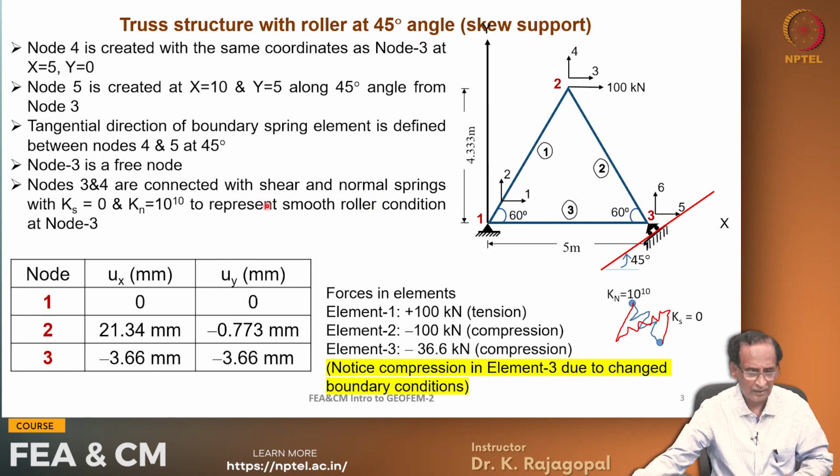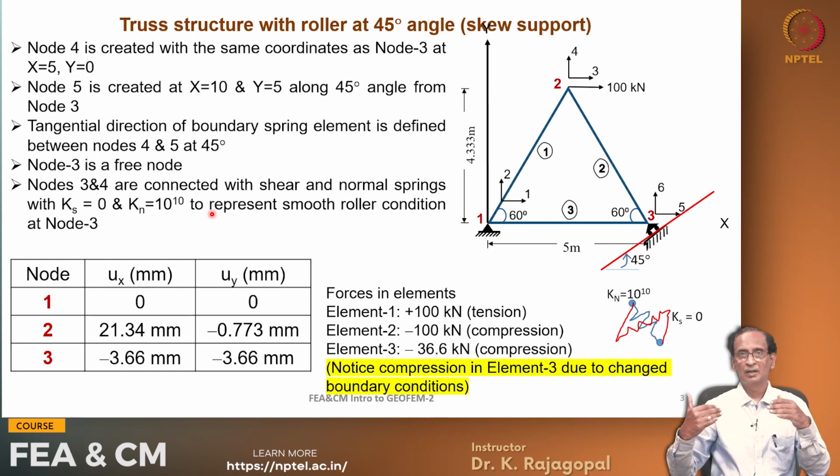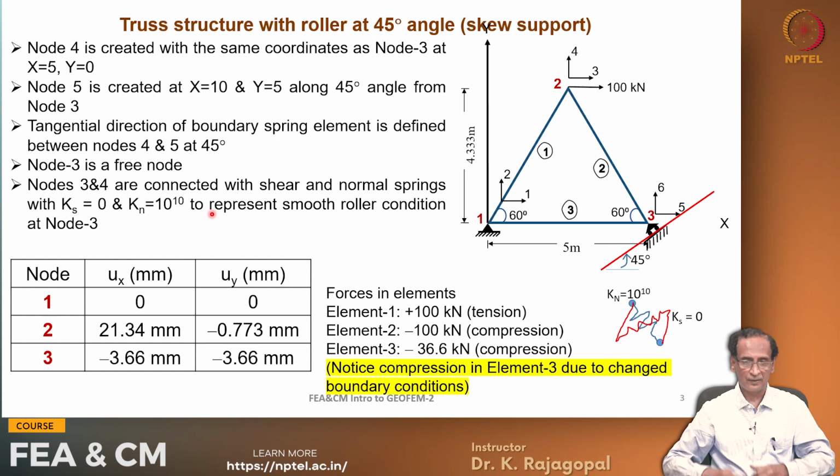The shear spring has a stiffness of 0, so that the system is free to slide along this inclined surface, and the normal stiffness is given a very high value, so that there is no deformation in the direction normal to this inclined surface.